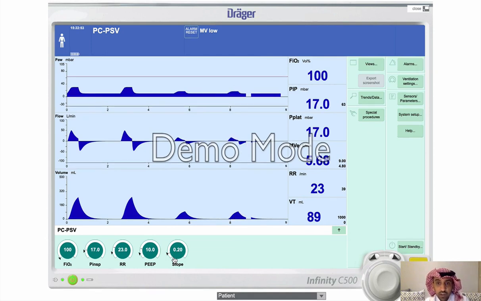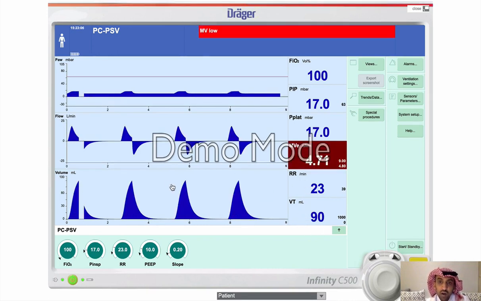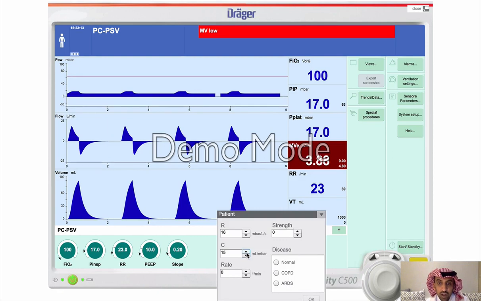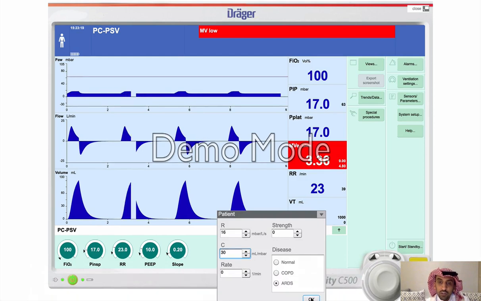It's very important to be mindful of the tidal volume, because in this mode the machine will give a pressure regardless of the volume. So you need to pay attention to the volume, because the volume will be dictated by the patient, by the lung compliance of the patient. So if the lung compliance is improving, is okay or near normal, you will see the tidal volume.